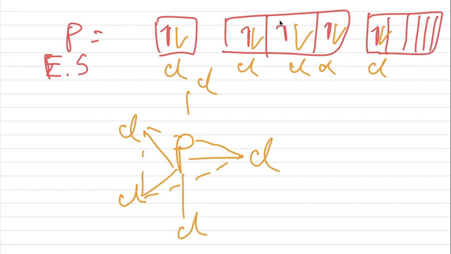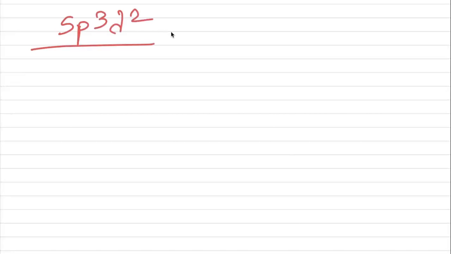Okay. Now next is sp3d2. That means one s orbital, three p orbitals, and two d orbitals.